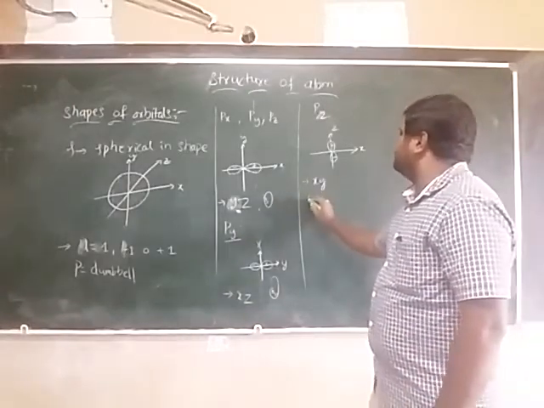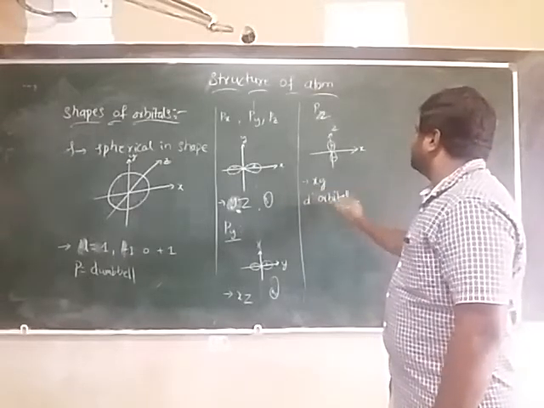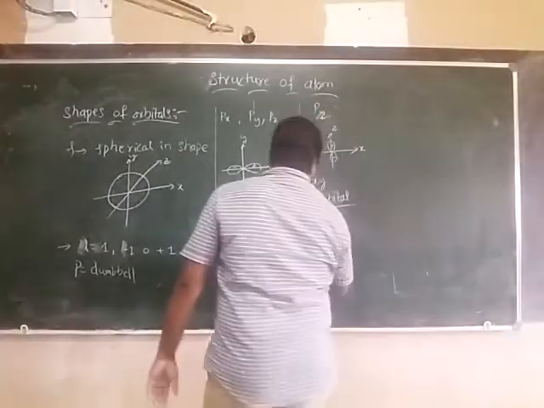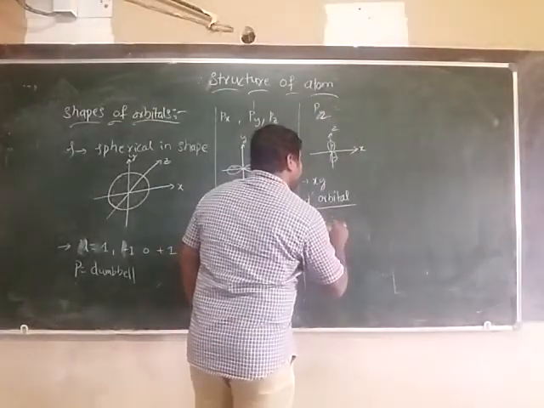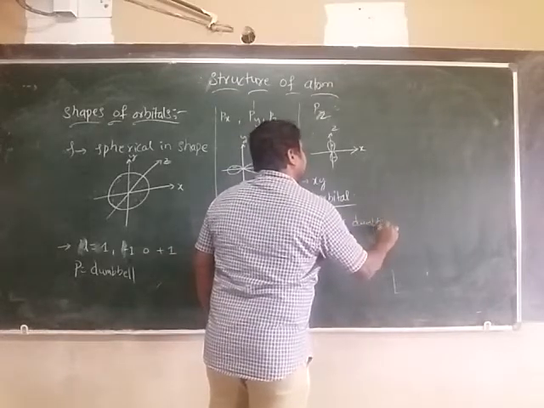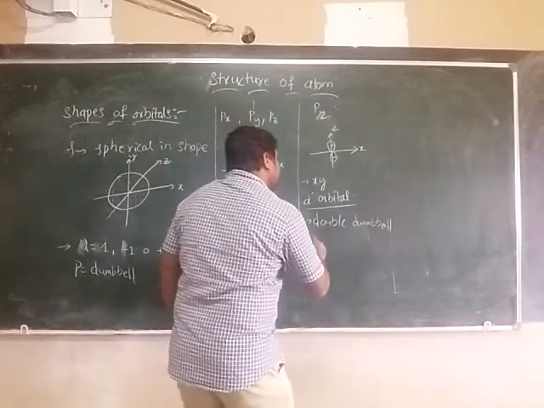So next, another one, the d orbital. The d orbital is actually shaped as a double dumbbell. The L value is actually 2.